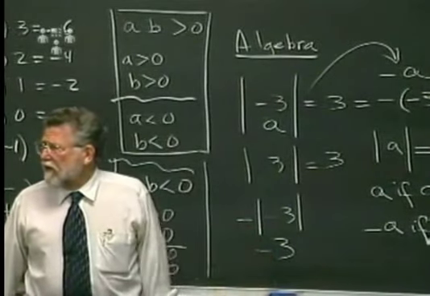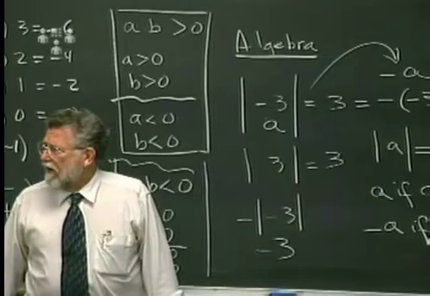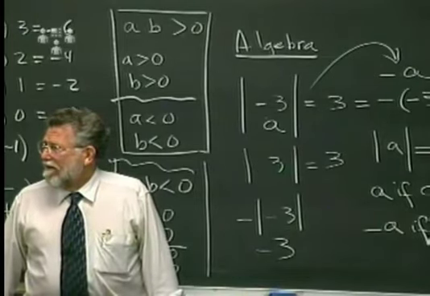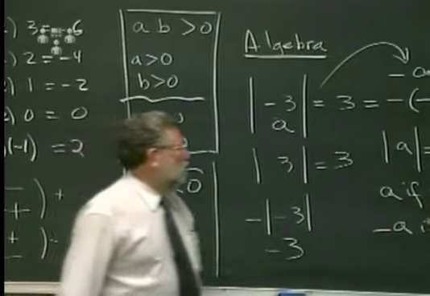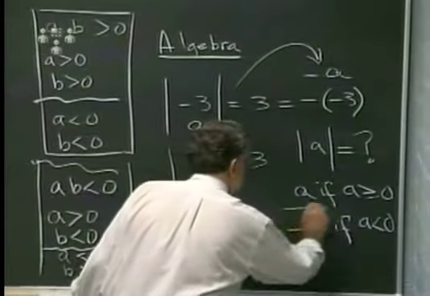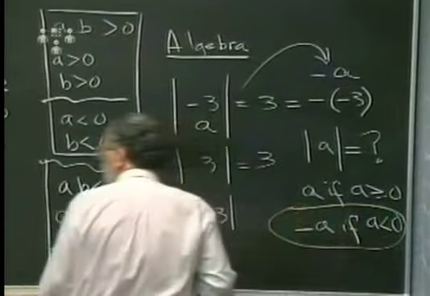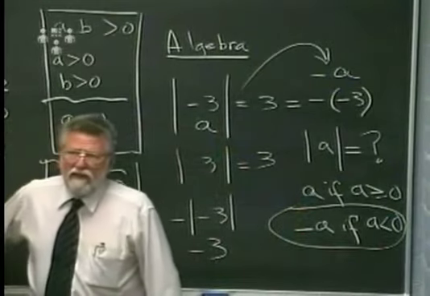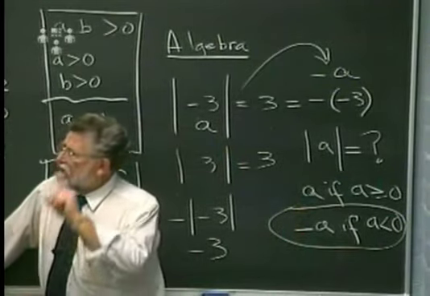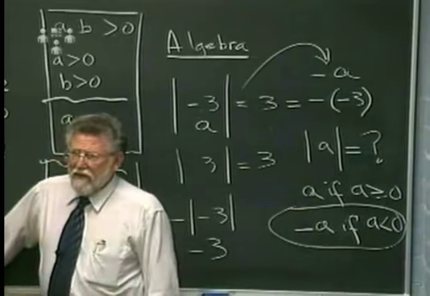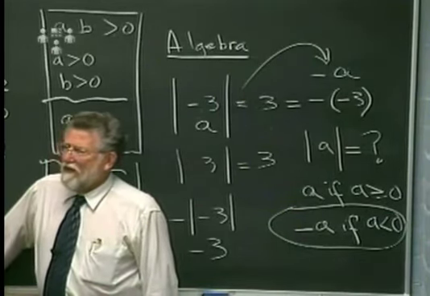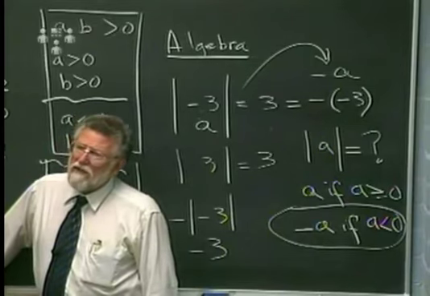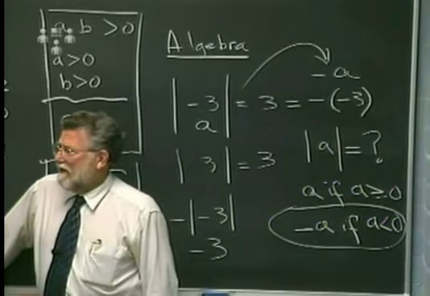That's not the same thing as what we're talking about. It has to be in terms of this statement right here. What can you tell me about minus a when a is less than 0? The answer is positive. If a is less than 0, minus a is greater than 0.